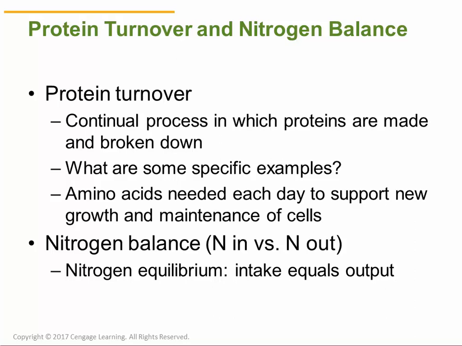Now, what about the newborn baby? Think about it. In 6 months, they doubled their birth weight. I'm glad we don't do that. It would not be good, okay? But they doubled their birth weight. What kind of balance are they in? Positive nitrogen balance. Think about the person who is starving. What are they in? Negative nitrogen balance. They're breaking down and putting out more nitrogen than they're taking in.